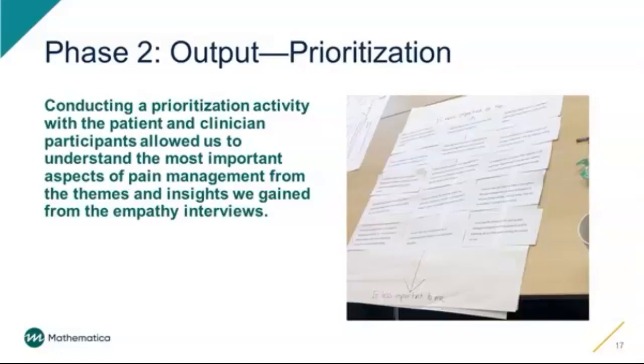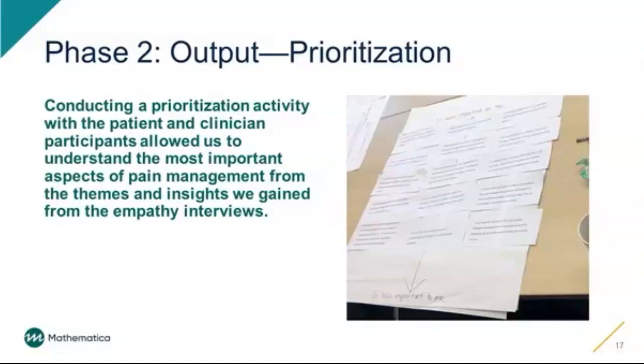So we would really be able to understand where they would categorize certain themes that were generated from the empathy interview phase. So in this picture, it shows the scale of this is more important to me to less important, and there were others that looked at empowerment and other criteria during the workshop.